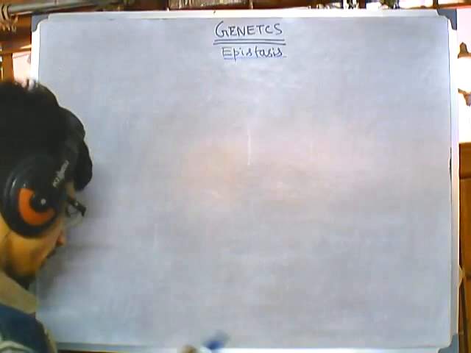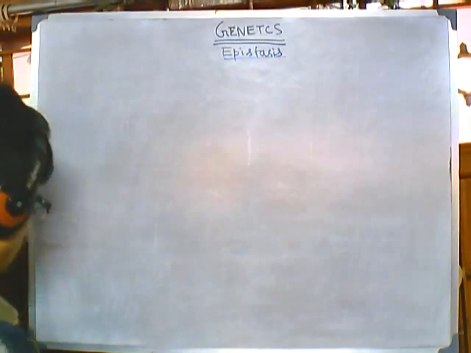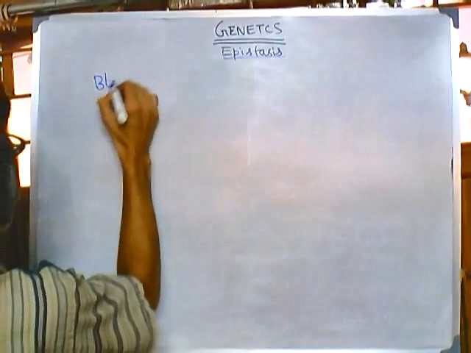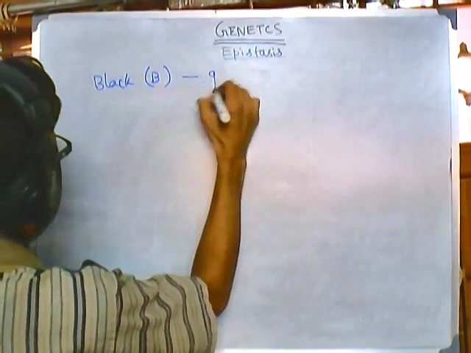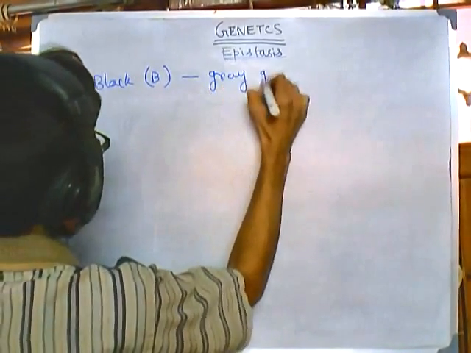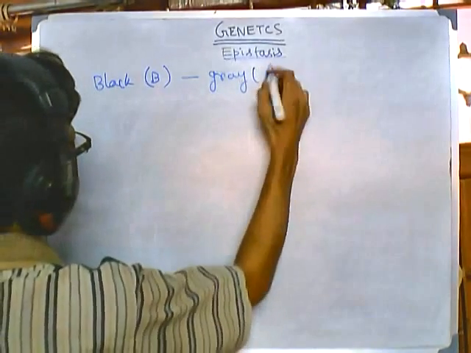So the problem, I am not writing the problem like the previous times. The problem is, in mice, black coat color is dominant over the gray coat color. So black coat color is caps B. This is dominant over gray coat color, which is small b.